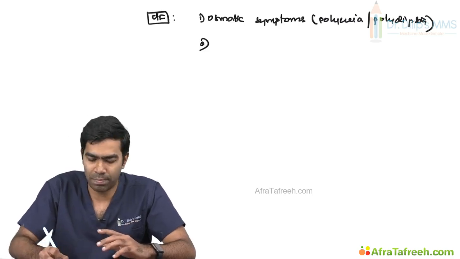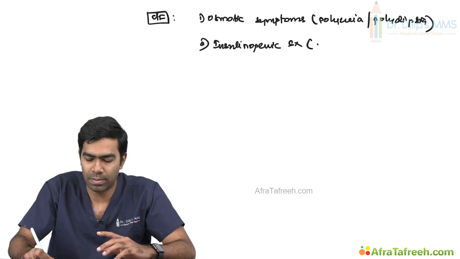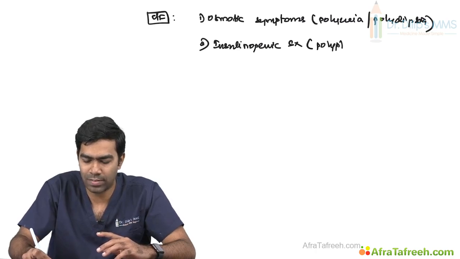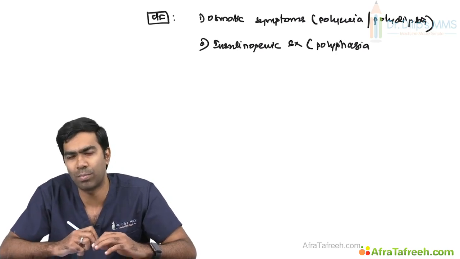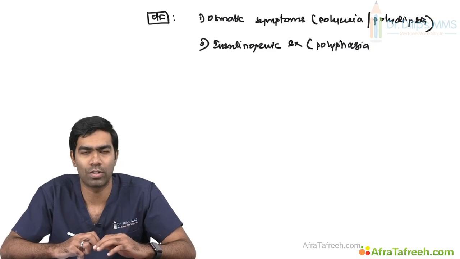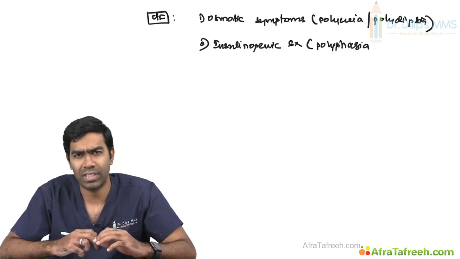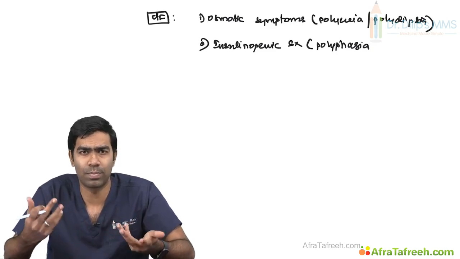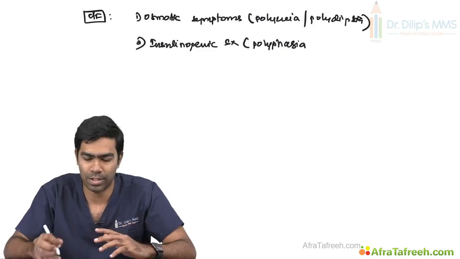And number two, they might present with insulinopenic symptoms. Insulinopenic symptoms in the sense they will have polyphagia, which can happen in insulin resistance as well. Polyphagia is due to poor glycolysis, having poor conversion to ATP without insulin. If there is poor conversion to ATP, there will be increased hunger produced by the hypothalamus, thinking it's an energy deficient state, resulting in polyphagia.